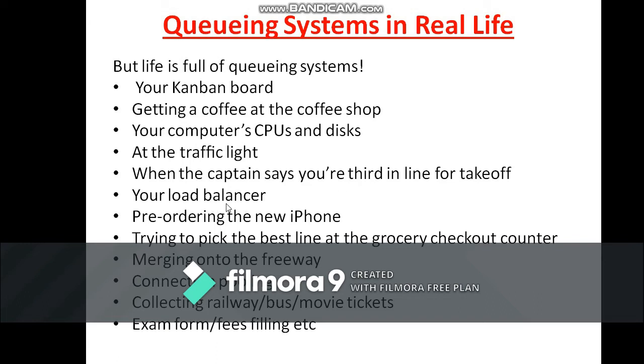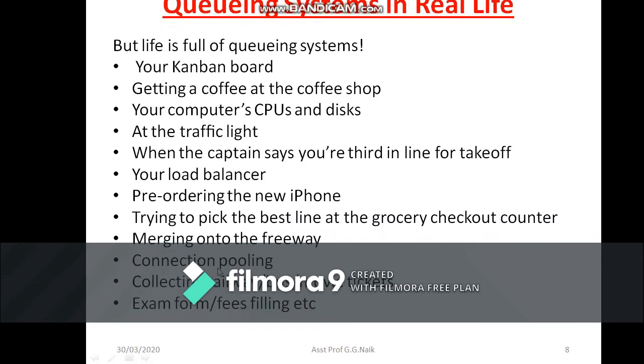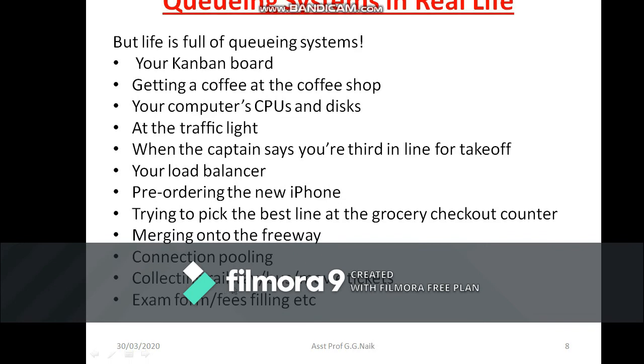Your load balancer, pre-ordering the new iPhone, trying to pick the best line at the grocery checkout counter, merging onto the freeway, connection pooling, collecting railway, bus or movie tickets, exam form, or paying the fees at the counter. These are all real life examples of queuing systems.